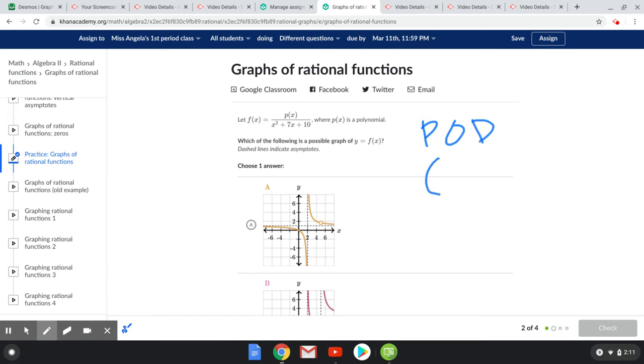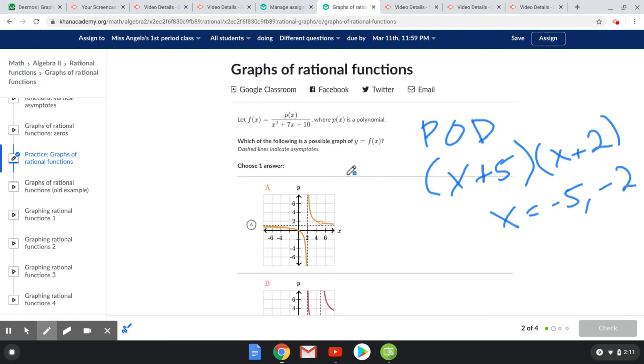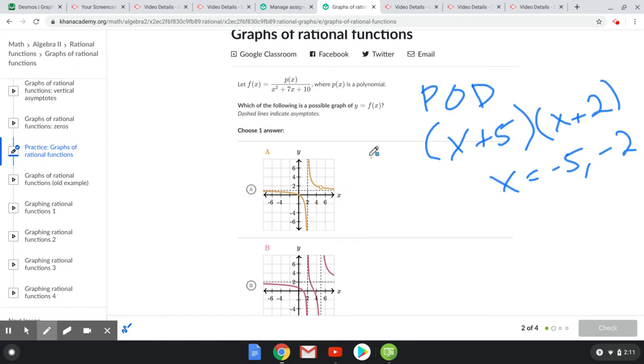But if we factor the denominator, we get x equals -5 or -2. So -5 or -2 has to be either a vertical asymptote or a hole.